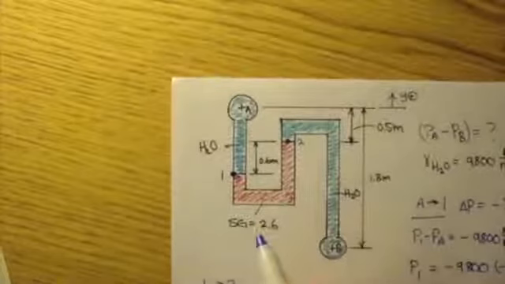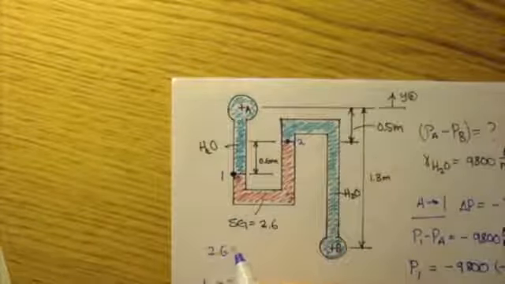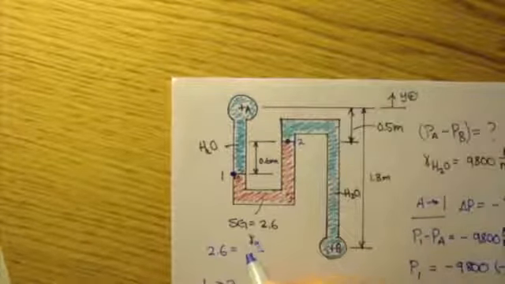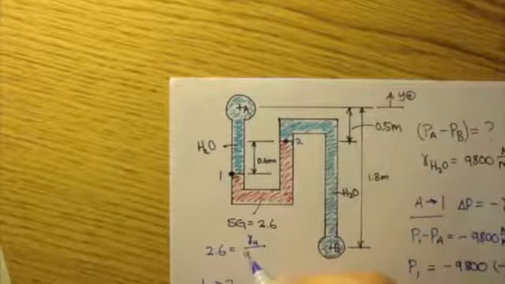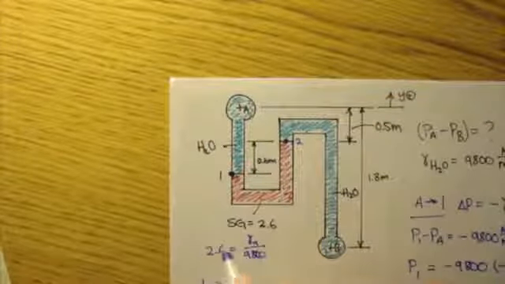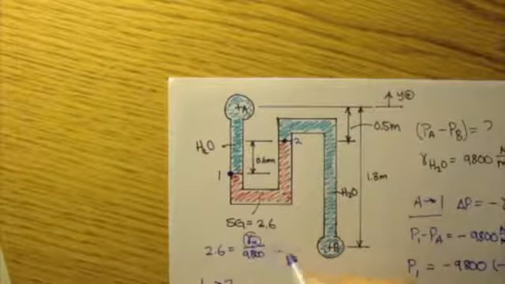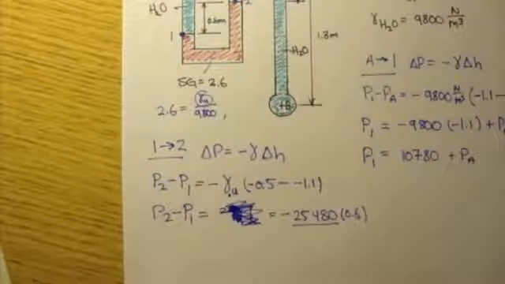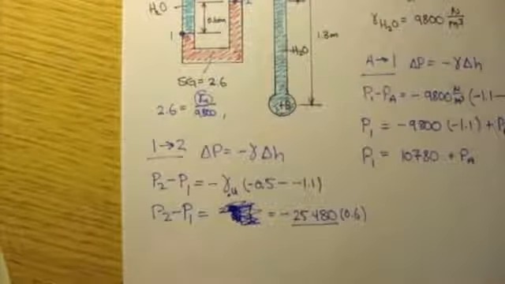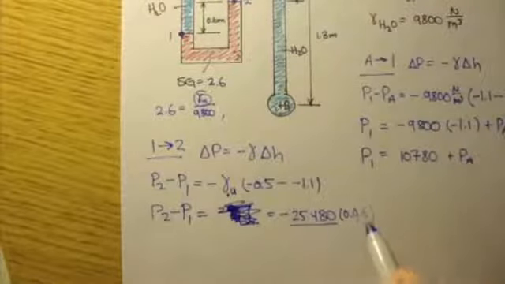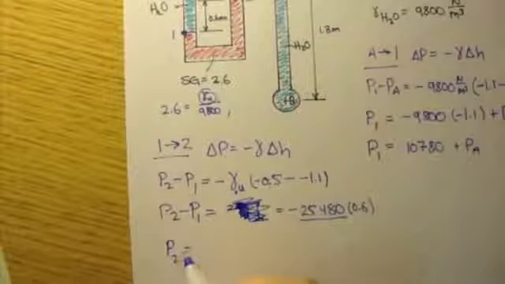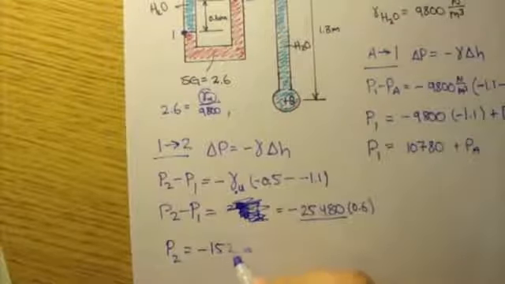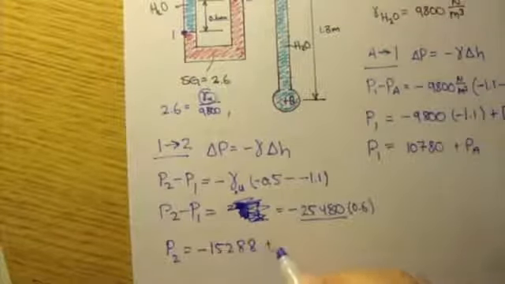Up here we said specific gravity is equal to 2.6, and that equals the gamma of the unknown liquid over that of water, which is 9,800. Multiplying by 9,800, we get gamma of U equal to this number right here. So that number times 0.6, negative, gives us pressure at 2 equal to negative 15,288 plus the pressure at 1.